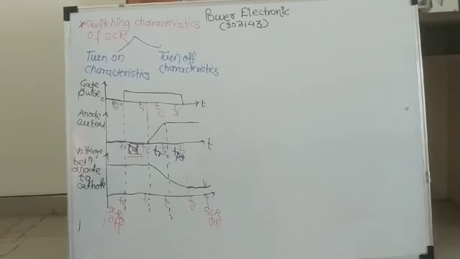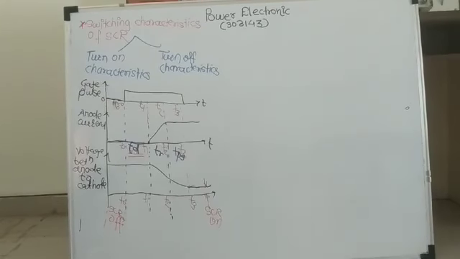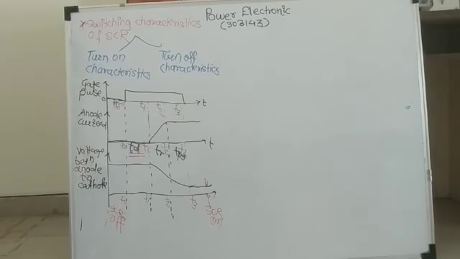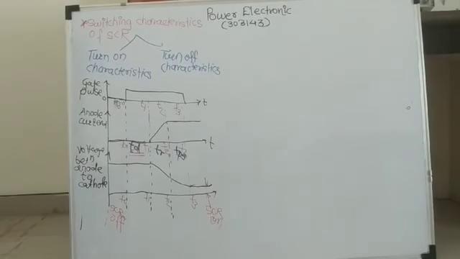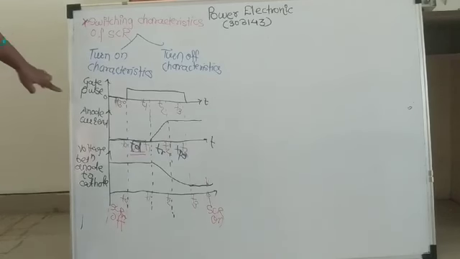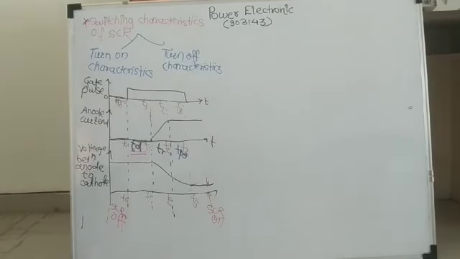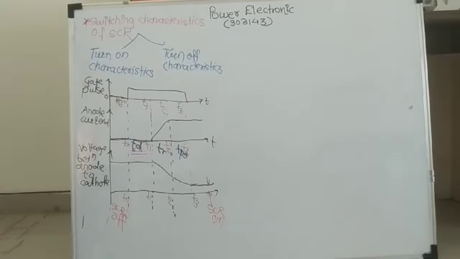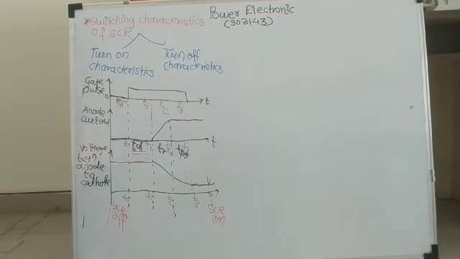Now this gate current is applied at t is equal to 0 as shown in figure. Now this waveform from anode to cathode, current as well as voltage, the current waveform is called the anode current, and the voltage waveform, that is VAK, the voltage between anode to cathode, is shown in figure.